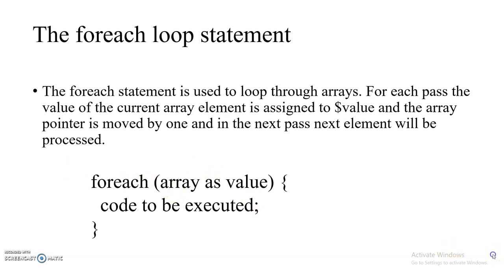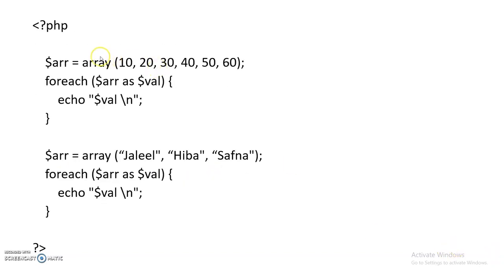This is the foreach statement. Okay, in this example, PHP array 10, 20, 30, 40, 50, 60. This is an array, and the initial values of this array are these values, and this is a numerical array.